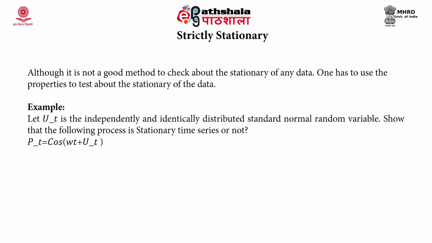Example: let u_t be independent and identically distributed standard normal random variables. Show whether the following process is a stationary time series or not. We have to prove whether p subscript t is a stationary process, and it is given as cos of wt plus u_t.